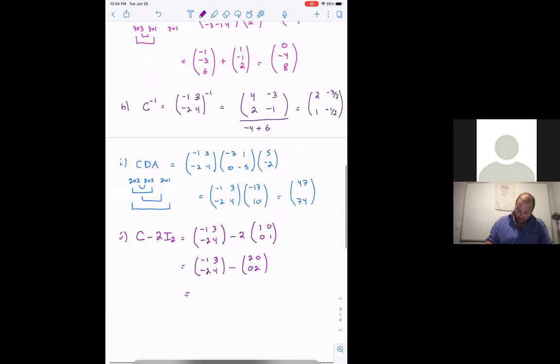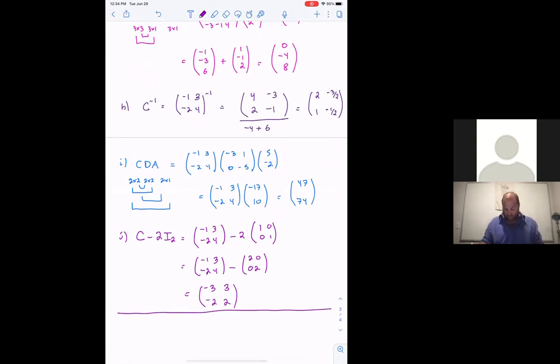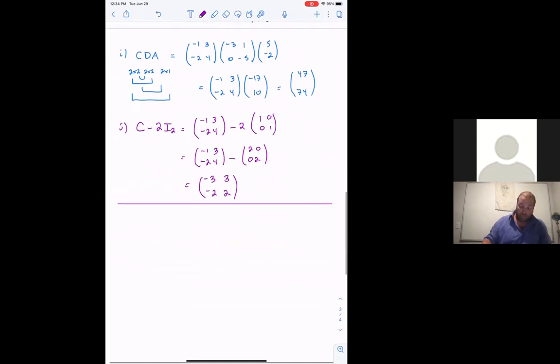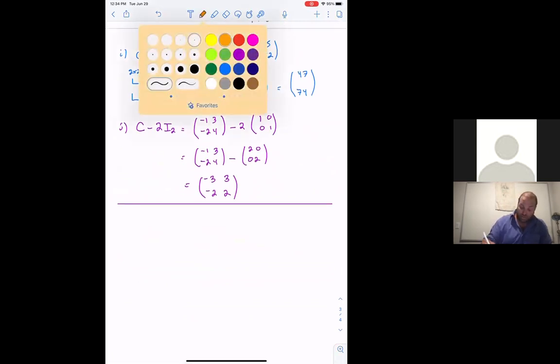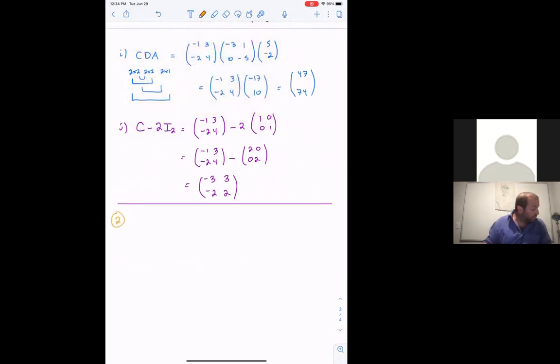And -1 minus 2 is -3, 3 minus 0, -2 minus 0, 4 minus 2, and there we go. So that was just the basics of addition, subtraction, multiplication, and taking inverses of a 2 by 2. So now let's move on to question number 2.